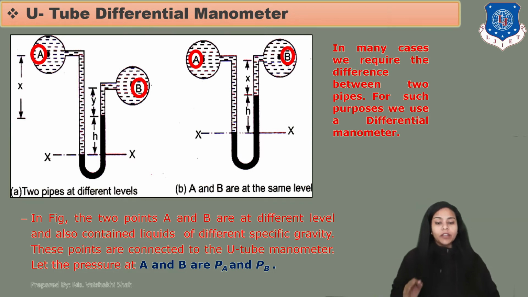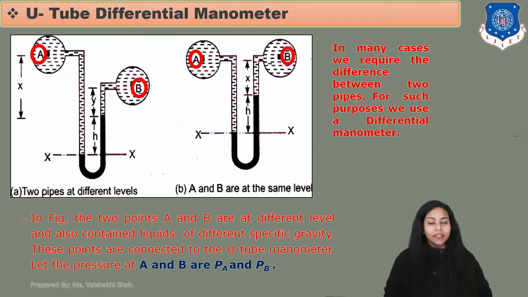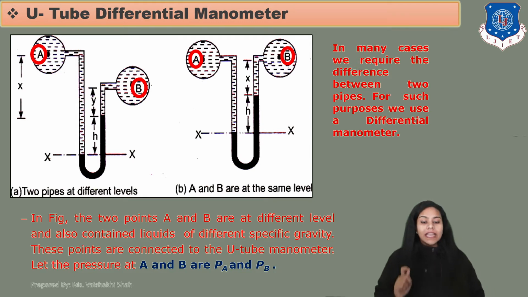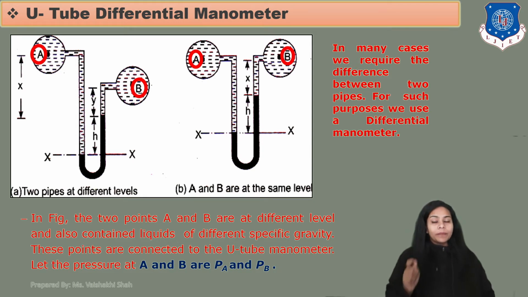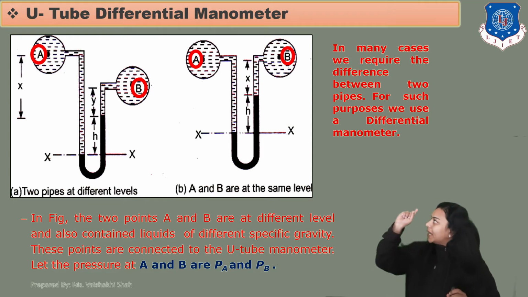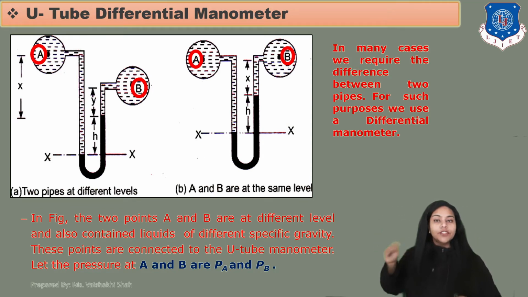These points are connected to the U-tube manometer. The pressure at point A, in pipe A, is PA, and the pressure at point B, in pipe B, is PB.